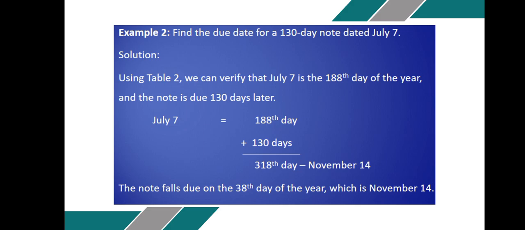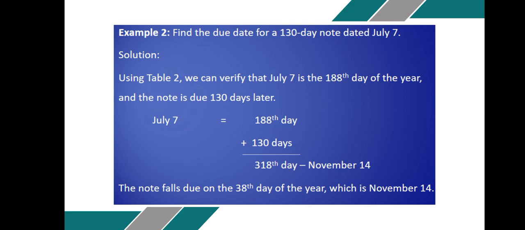Okay, another example. Find the due date for a 130-day note dated July 7. So, ano daw yung due date kapag yung note natin is 130 day, from July 7. So, using table 2 pa rin, we can verify that July 7 is the 188th day of the year. And the note is due 130 days later. So, we just simply add.